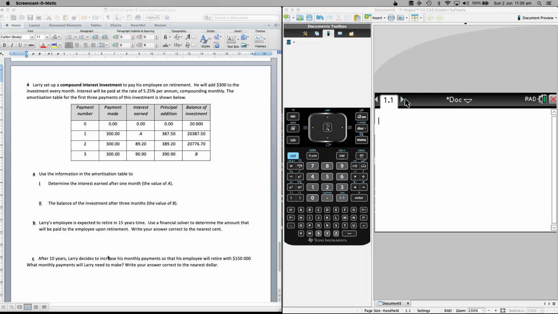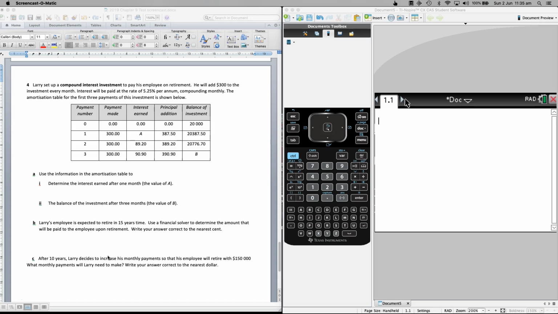Okay, so the last question, we are told that Larry has set up a compound interest investment. So what that means is he's going to invest some money. It's going to earn interest every compounding period, and as well as that, he's going to make a payment to increase that balance.